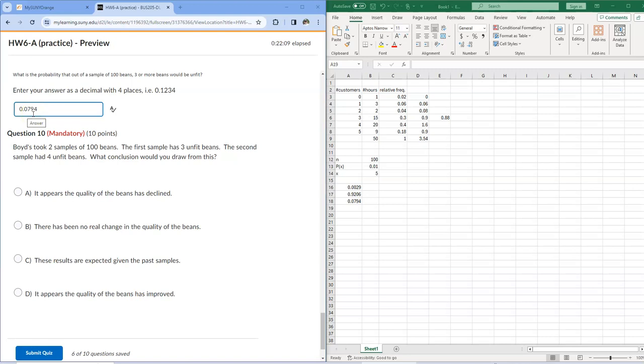So if they've got 2 samples like that, that's highly unlikely. So I would have to say that it appears that the quality of the beans has declined, and their defect rate, or their unfit beans, is no longer 1%. It's actually higher. And so that's how we would interpret that. So what you want to do when you see these types of questions is think about how likely this is to happen, and it's usually based on one of your previous answers, or you could calculate it as well.